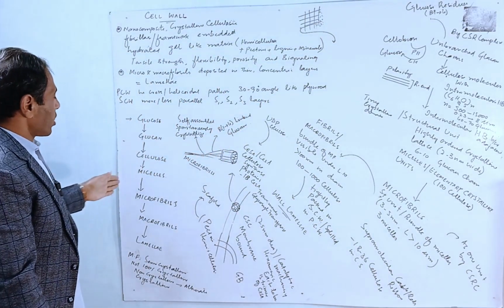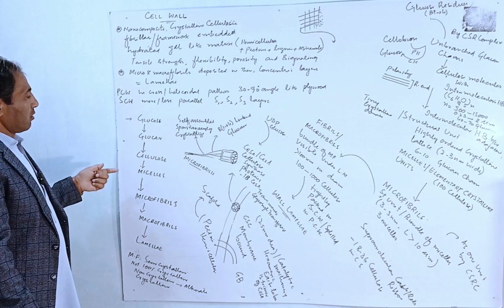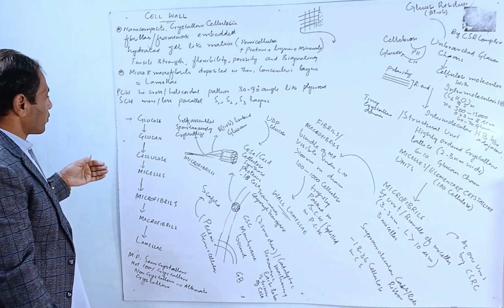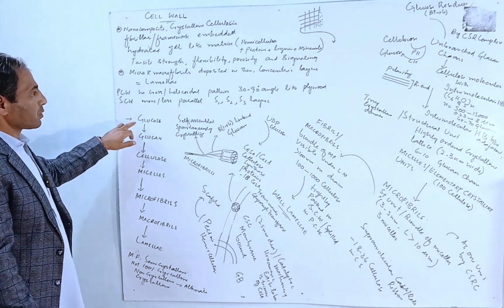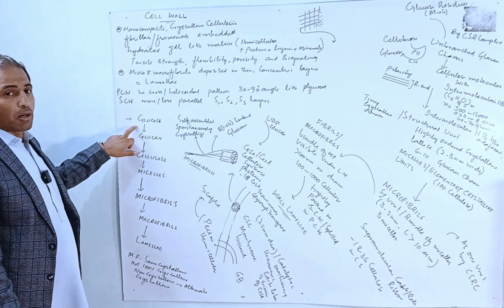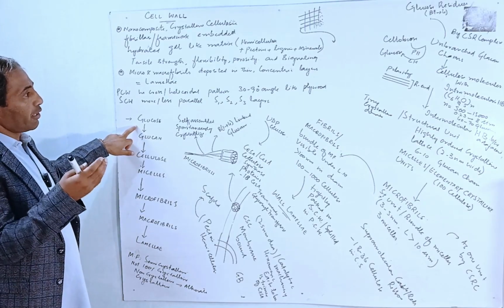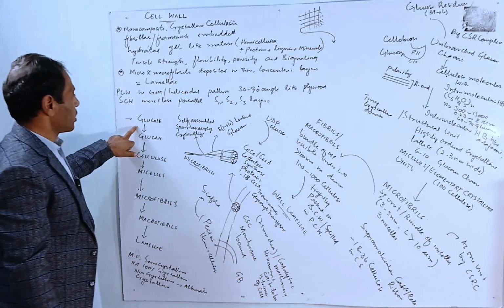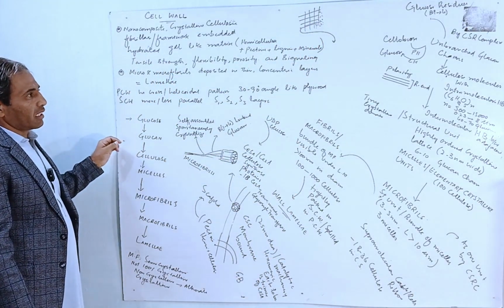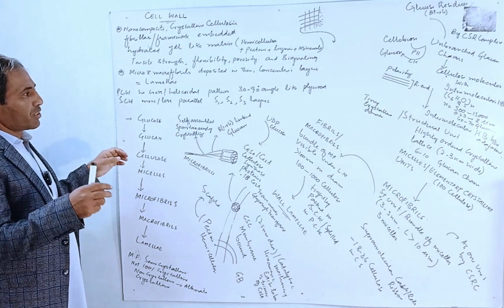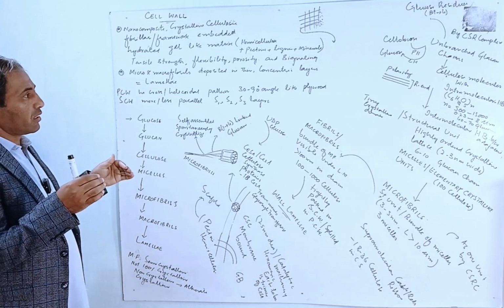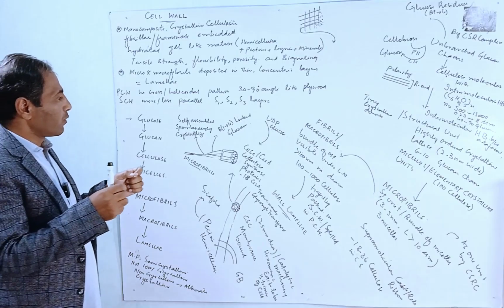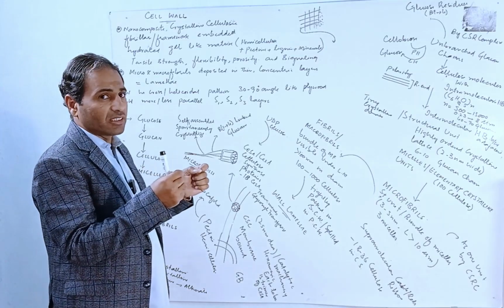This arrangement is hierarchical, and it begins from glucose, which is the fundamental building unit of the cellulose molecule and the bundle of cellulose. The cellulose molecule itself is made of beta 1,4 linked glucan chains.